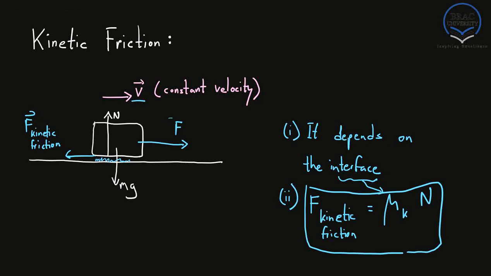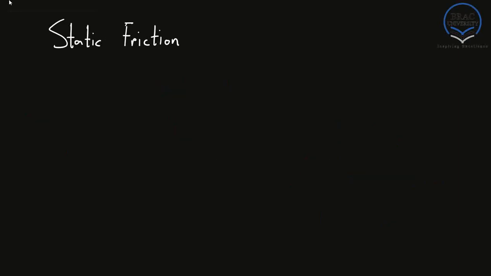Now let's talk about static friction. So suppose that initially your book is stationary on your table, and then you start applying a small force on it. Experience tells us that with this small force, the book does not move forward.